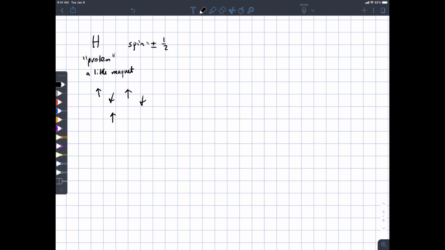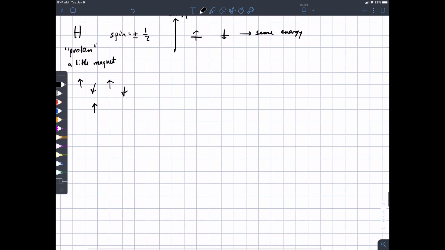It doesn't matter which way a magnet is oriented if there's not a magnetic field for them to interact with. So we would say if this is energy when there's no magnetic field, the spin state of being aligned with the field versus being aligned against the field, they're degenerate. They have the same energy. There's no energy difference. And so the population of spin plus 1/2 versus spin minus 1/2 should be around 50-50.